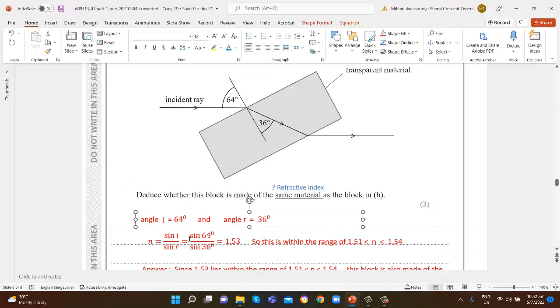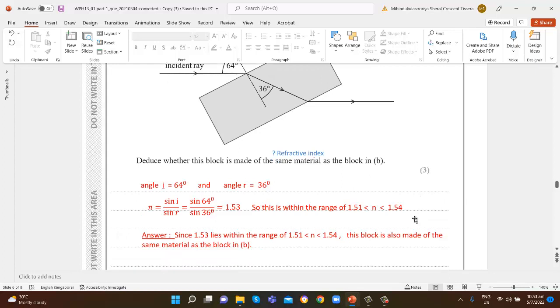Then when you calculate sin I over sin R, you will get 1.53 for this material. So now we know, before we got this. Yes, we understand. This 1.53 should lie in between 1.51 and 1.54.